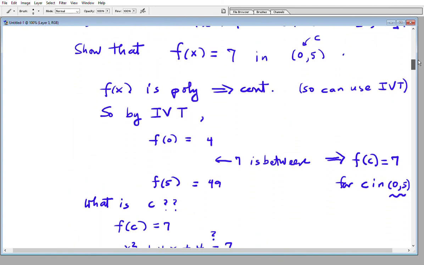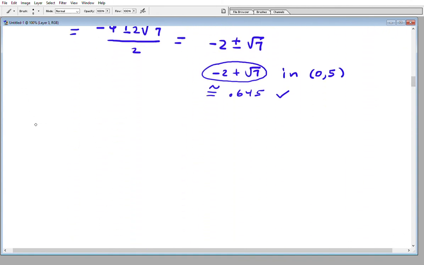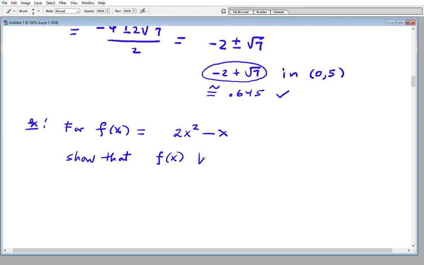All right, let me do another one that's also typical. This is like the one in your homework. Let's say we have f of x equal to 2x squared minus x, so that f of x has a 0.